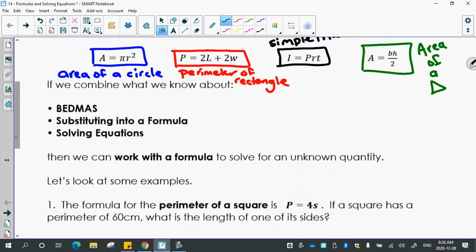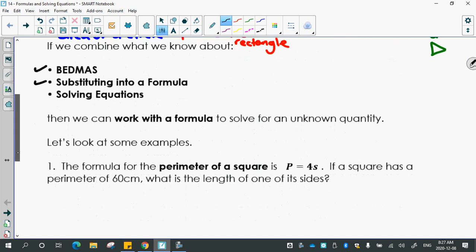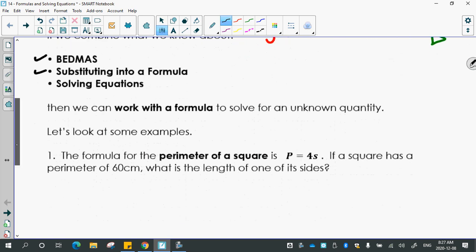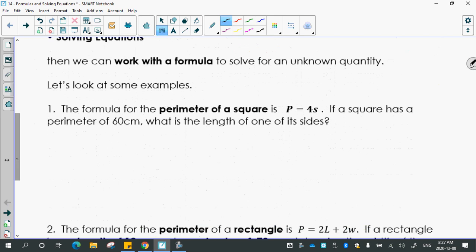So if you combine what we know about BEDMAS, so we're all pretty good at that, substituting into a formula, we did that on the first day as well, and solving equations, which we spent 3 days on, okay, then we should be able to work with the formula. So we're going to start off with a really easy example and then get to the hardest one you kind of need to know for grade 9, okay?